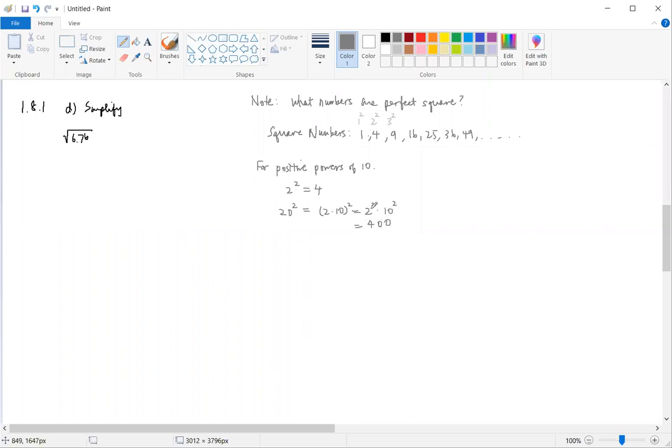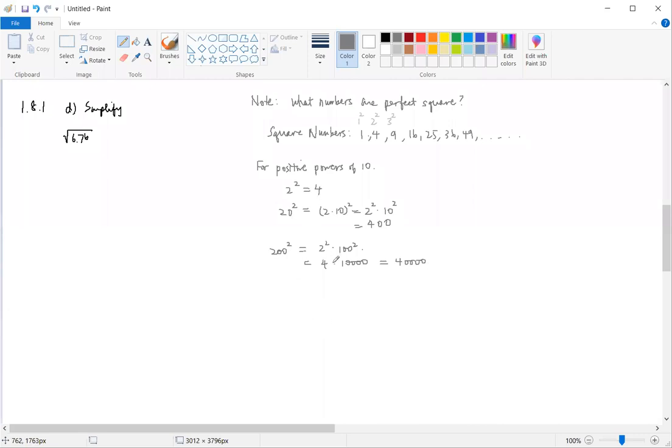This is 100, this is 4, okay? If we have one more 0 here, what will happen? Well, this is 2 squared, and then 100 squared. You know 2 squared is 4. 100 is 2 zeros, so when you square, you should have 4 zeros. So this number has 4 at the front and then 4 trailing zeros.